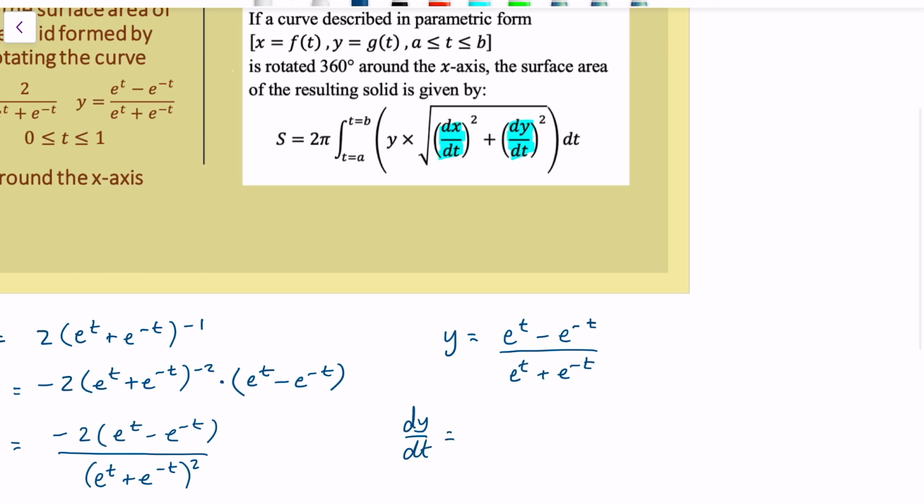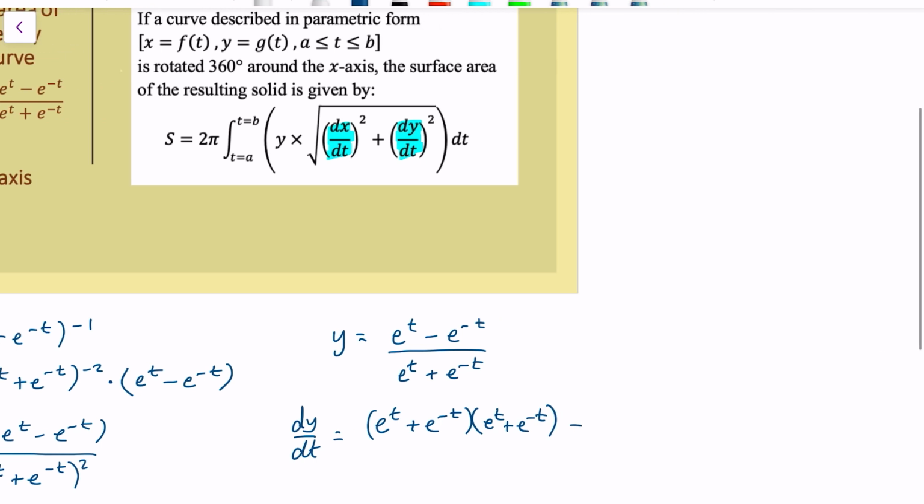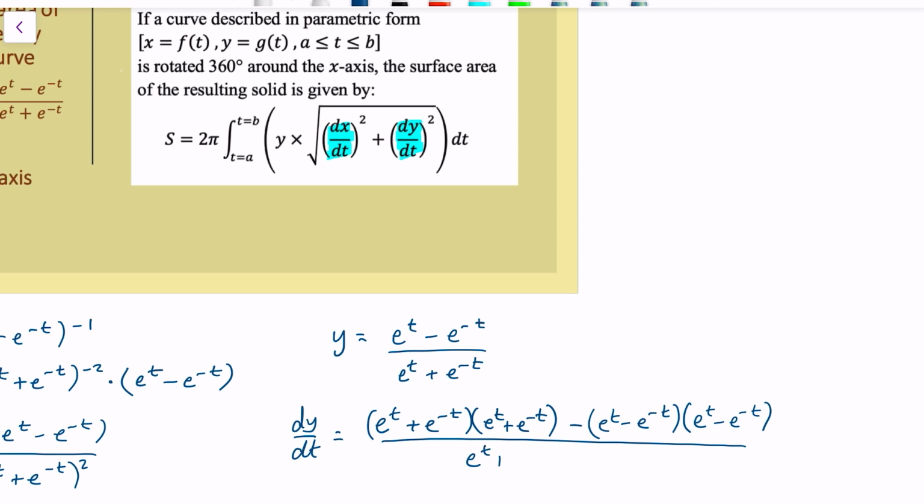Differentiate the top expression multiplied by the bottom expression, minus differentiate the bottom expression multiplied by the top expression, all divided by the bottom expression squared.